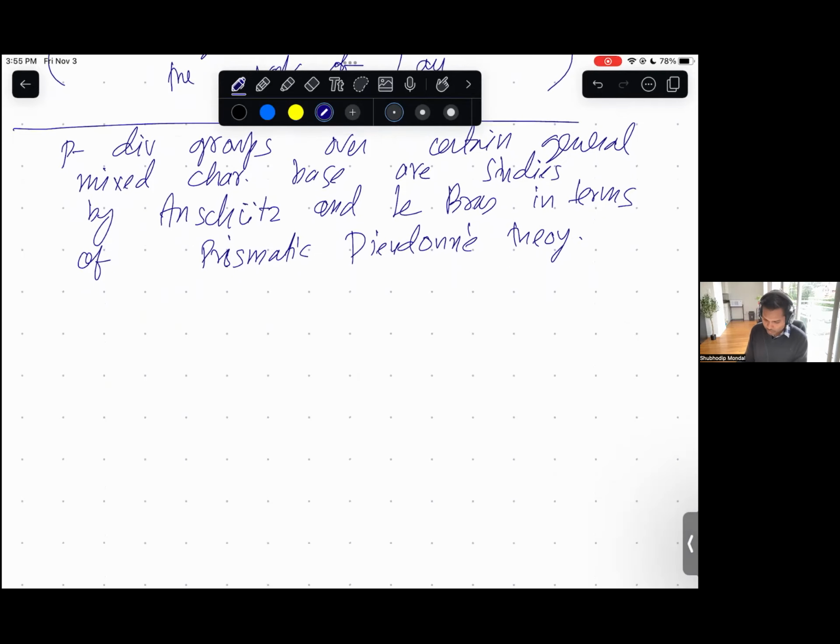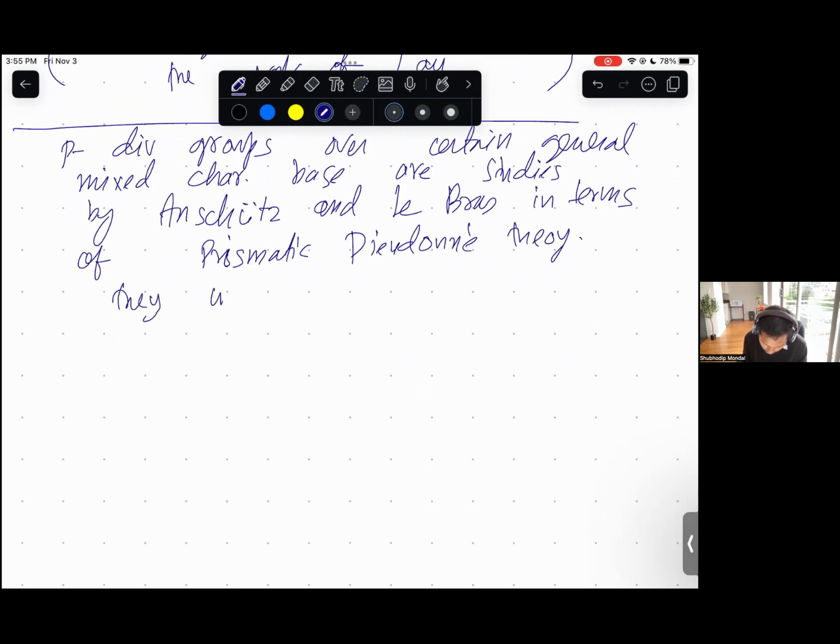I wasn't really planning to get into the details of discussing prismatic cohomology, so I will also not explain exactly how their construction went, but I just want to mention the kind of category of algebraic objects that they were working with, which they call filtered prismatic Dieudonné motifs. Maybe let me mention before going there what kind of base rings they work with.